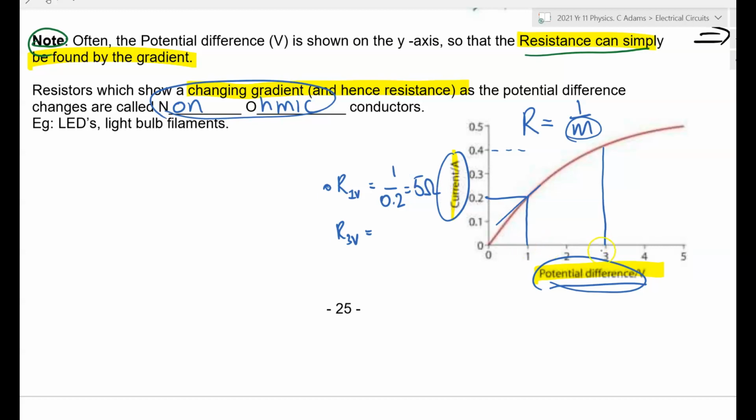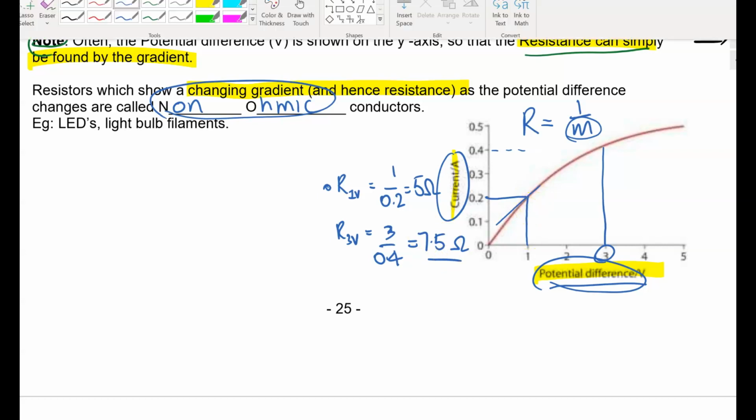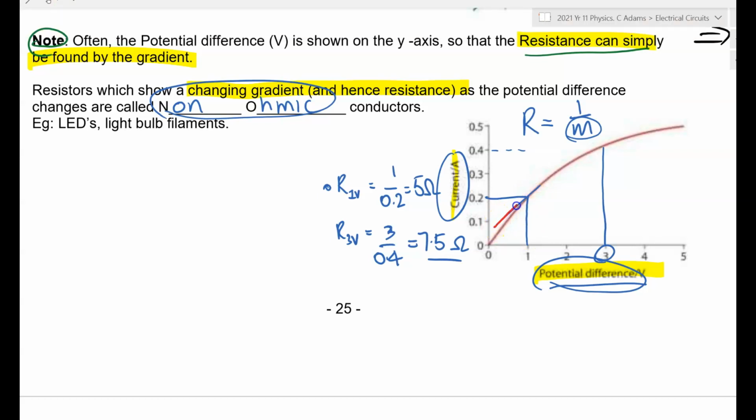If we crank up the voltage to 3 volts, our resistance is going to be 3 over 0.4, and that's 1.2 ohms? Is that right? No, 7.5. Can't even. There you go, 7.5 ohms. Compared to at 1 volt, where the gradient's quite steep, so the resistance is lower, at 3 volts the gradient's reduced, so the resistance has increased.